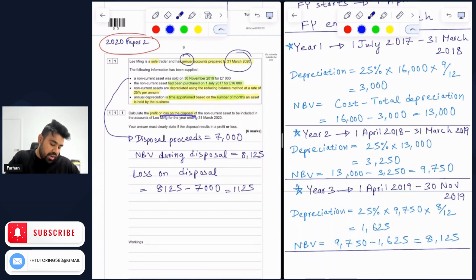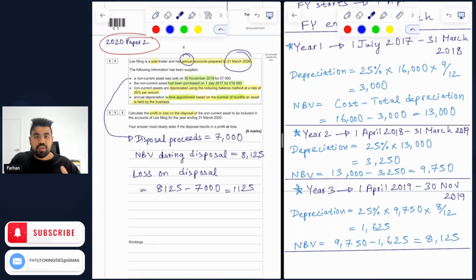Now, we understand that the asset is sold for £7,000, which is known as the disposal proceeds. And we also understand, based on our calculations, that net book value right before disposal was £8,125. This means before we sold it, our asset had £8,125 worth of value that was still left for usage.